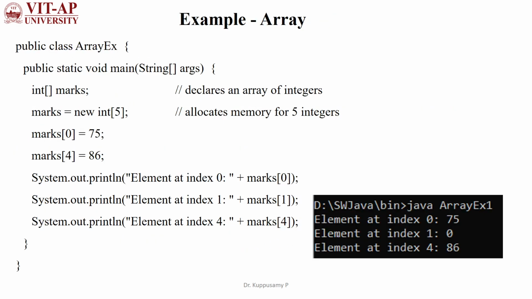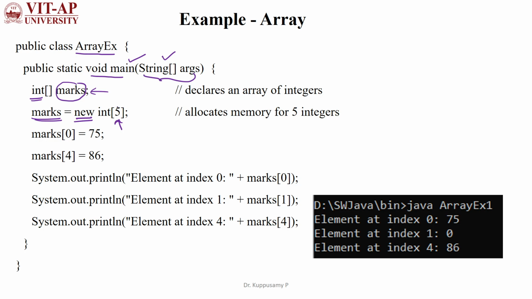The example is given here. A class is created, ArrayX, and inside that we create the public static void main method, with command line arguments passed as String data type. Then I am creating one array variable, marks. Here the array variable is created without mentioning the size. Then I mention the size for the marks integer array variable with the new operator, and the size of the array is given as 5.